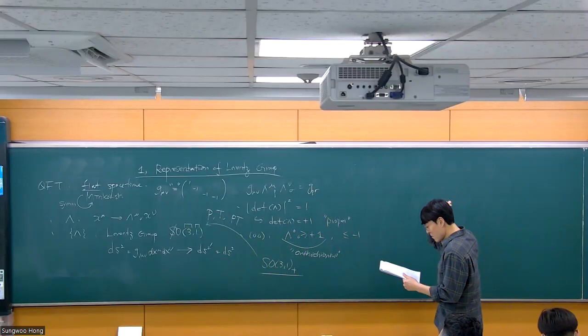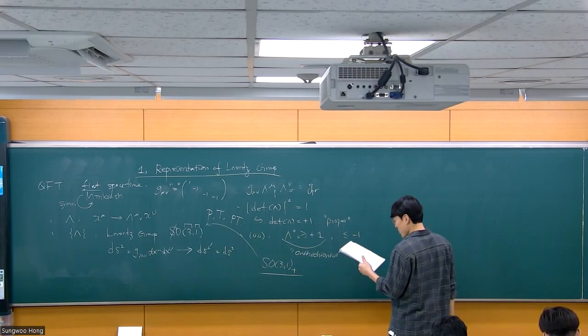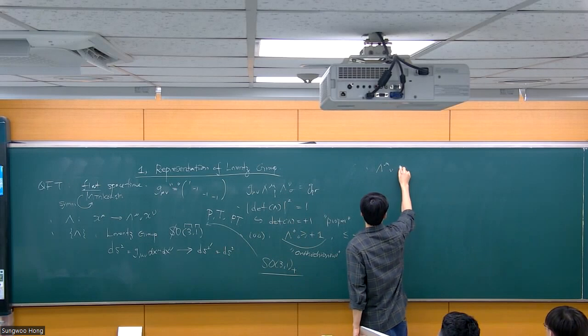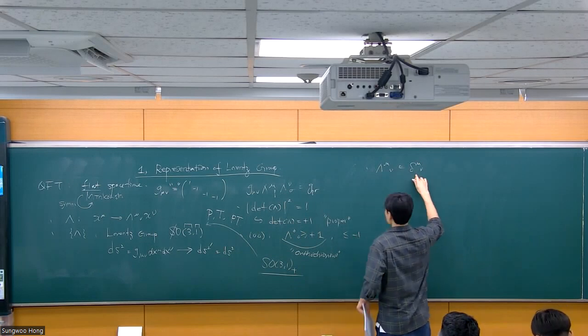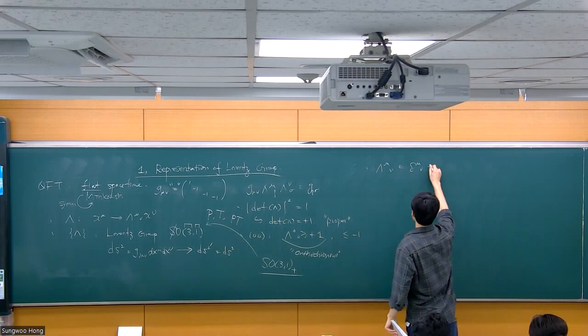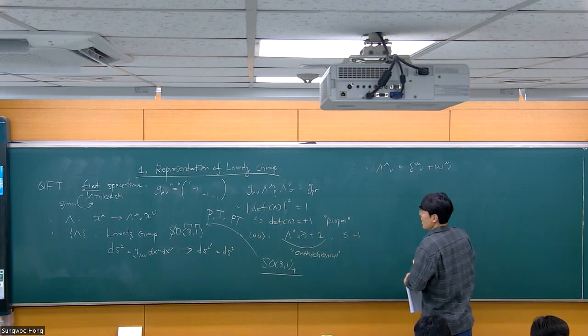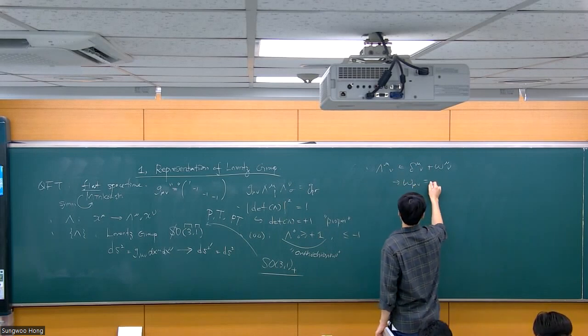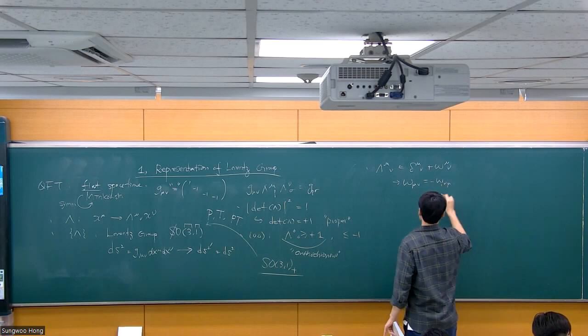All right, so I'm almost done with the review. So far, this is all review. So then what we said is that let's look at the infinitesimal Lorentz transformation, which is close to identity, which is allowed because I'm looking at the proper sector, right? Identity plus small omega. And then from the definition, one can learn that this parameter has to be antisymmetric, 4 by 4.